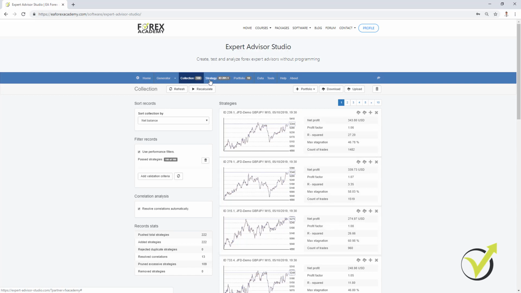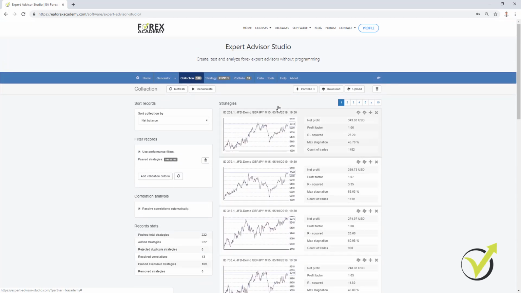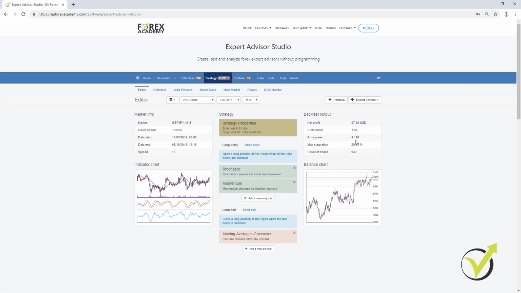Okay, so the difference once again is that when we combine many strategies in one portfolio expert advisor, and this is possible with the EA Studio, you can see we have much better balance chart, and actually all of the statistics are much better. For example, you can see the maximum stagnation is 15% over here, and with each strategy we have here 29%.